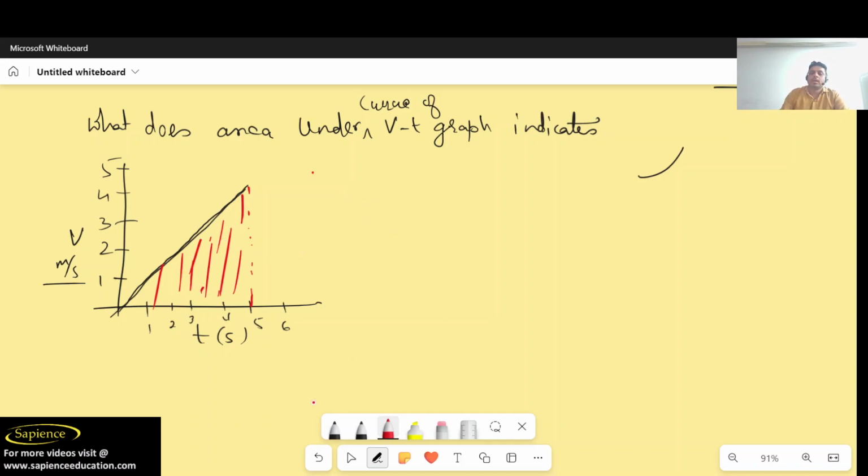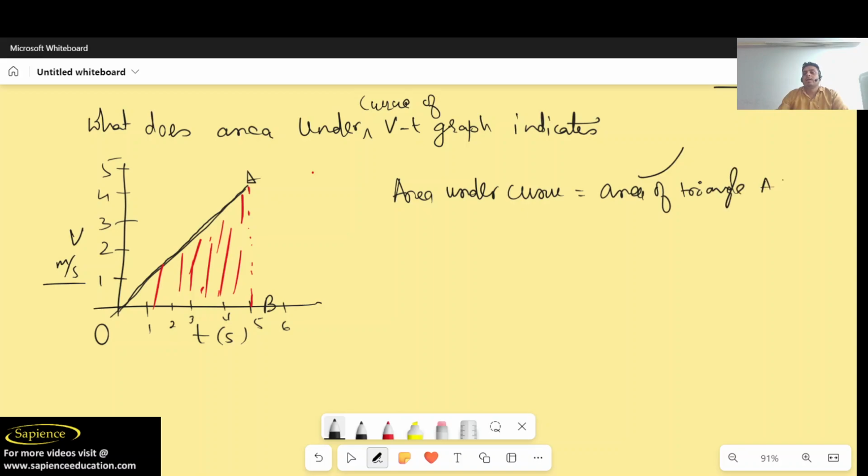Area under curve equals 1 by 2 into the base of the triangle. Or you can simply write area under curve equals area of triangle AOC, with points O, A and B.